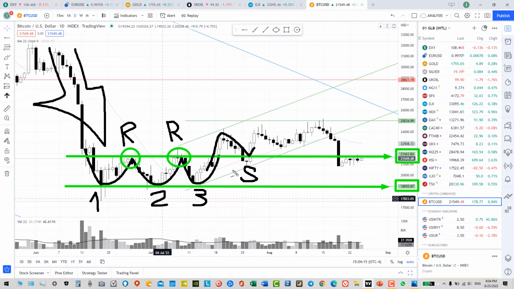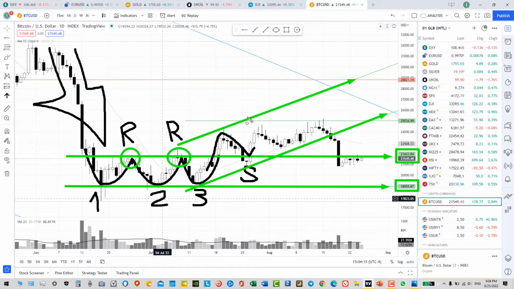So after the break of this resistance around 21,660, the Bitcoin started to get into a corrective phase, and this correction was short term over the daily chart, and it did not last long.